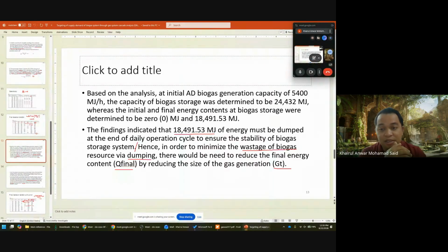This is to ensure the stability of the biogas storage system. Hence, in order to minimize the wastage of biogas resource via dumping, there would be a need to reduce the final energy content, the Q final, by reducing the size of the gas generation. So this is the reason why we need to determine a new GT.